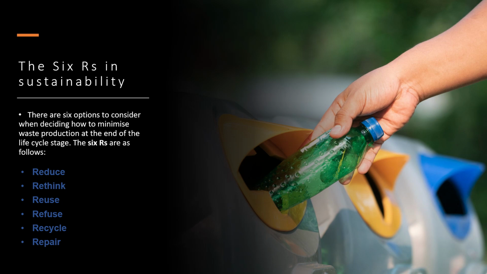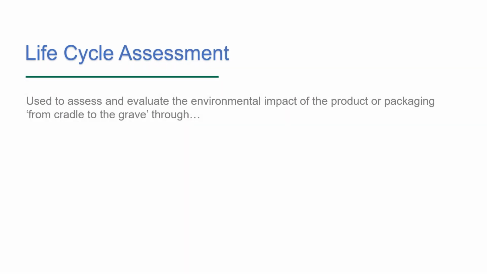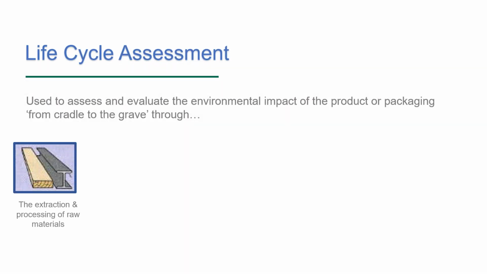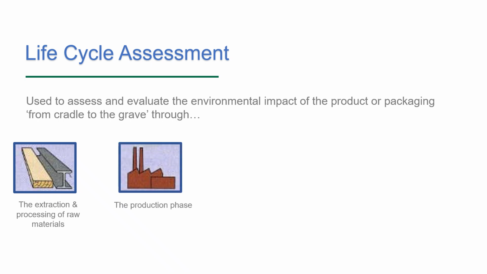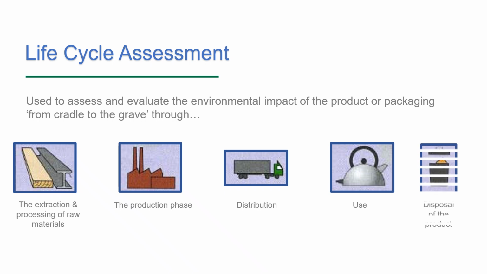Now, the next, if you see, is life cycle assessment. We talked about it. Life cycle assessment starts right from the extraction of the material, then when it gets manufactured, then when it is distributed to various places, then we use it and dispose it.